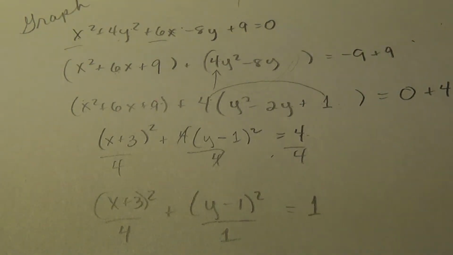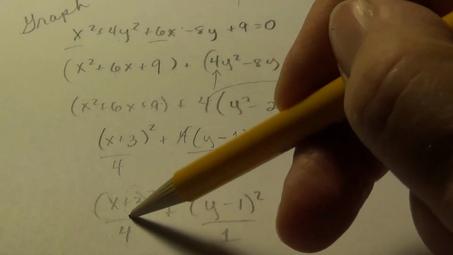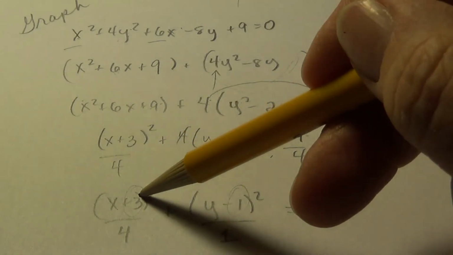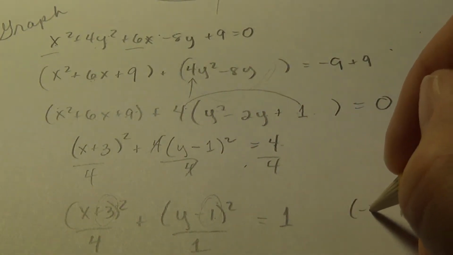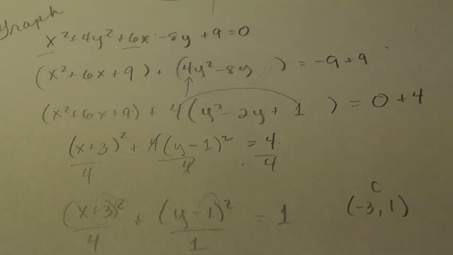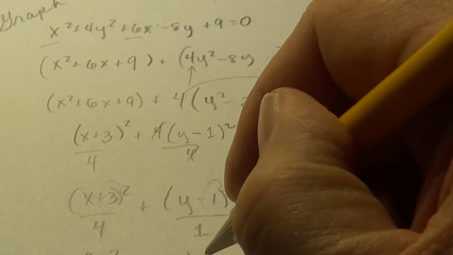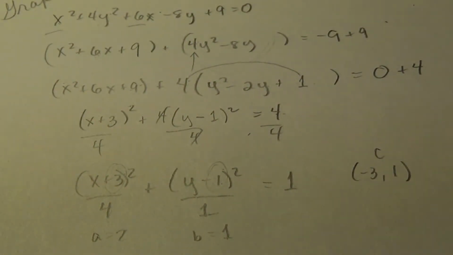All right, now we're ready to graph. We can look quickly and see that the new center is -3, 1. That's the center. This is A squared, so A is 2, B is 1, so this is the larger, so it is horizontal.